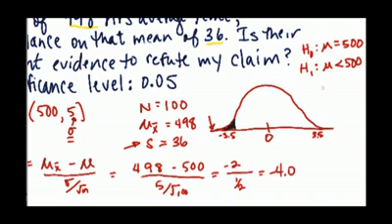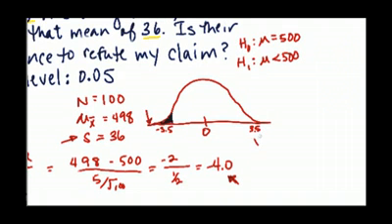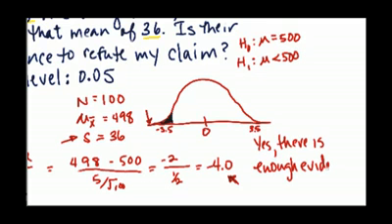So with these specific 100 batteries, if you were to go on your z-score chart, you wouldn't even find a p-value associated with that z-score. So you would say yes, in this case, there is enough evidence to reject the null.